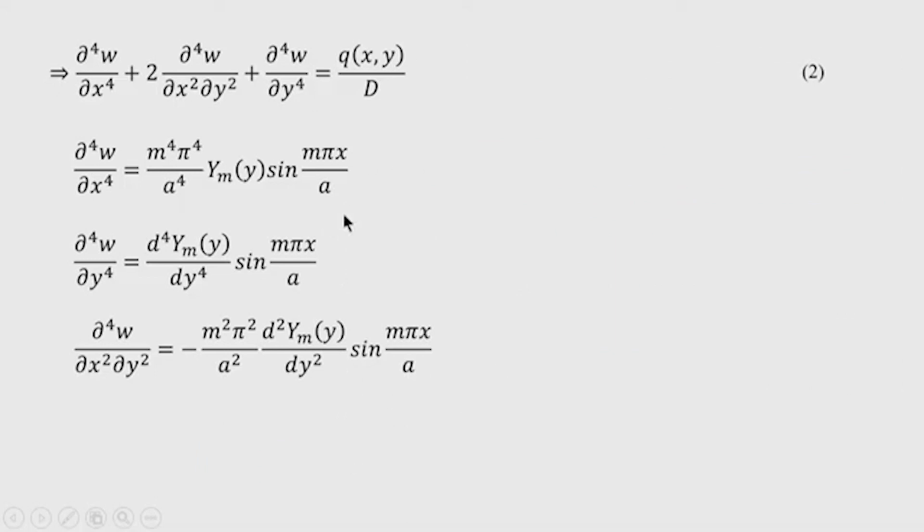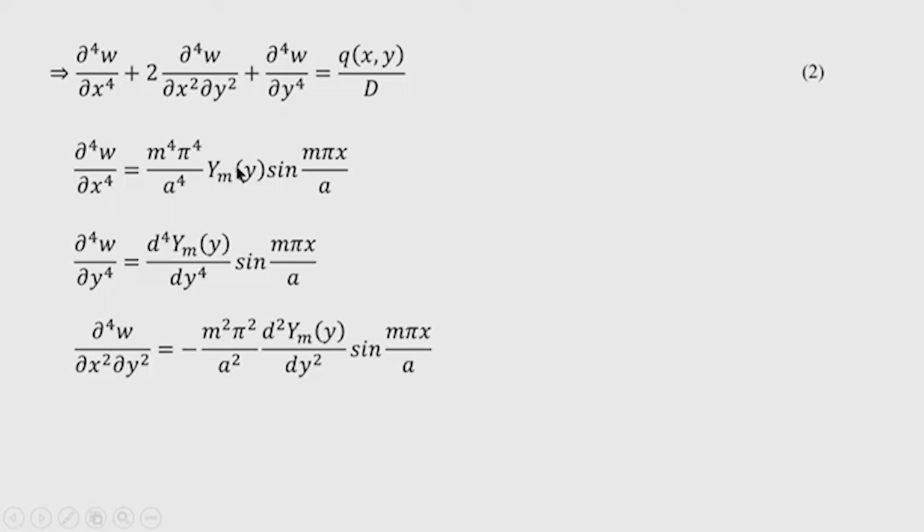So, substituting this series w(x, y) equal to Y_m into sin m pi x by a into the differential equation, we get an equation like that. This is the first term, that is after differentiation of w 4 times with respect to x, we get m to the power 4 pi to the power 4 by a to the power 4 Y_m(y), because capital Y_m is a function of y.